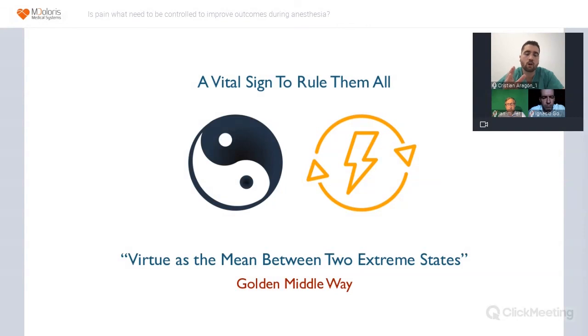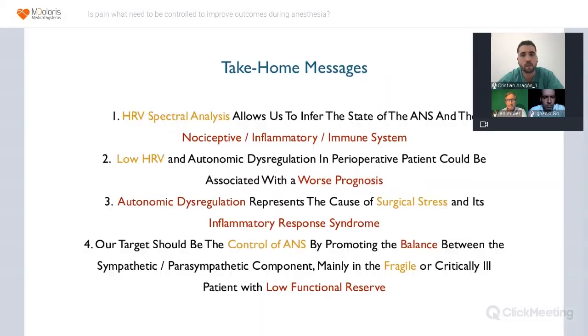So we have to be aware of the functional condition of the patient, and we should maintain a good balance between sympathetic and parasympathetic, especially in more fragile patients. To sum up, the take-home messages are that heart rate spectral analysis allows us to infer the state of the autonomic nervous system and the nociceptive, inflammatory and immune system.